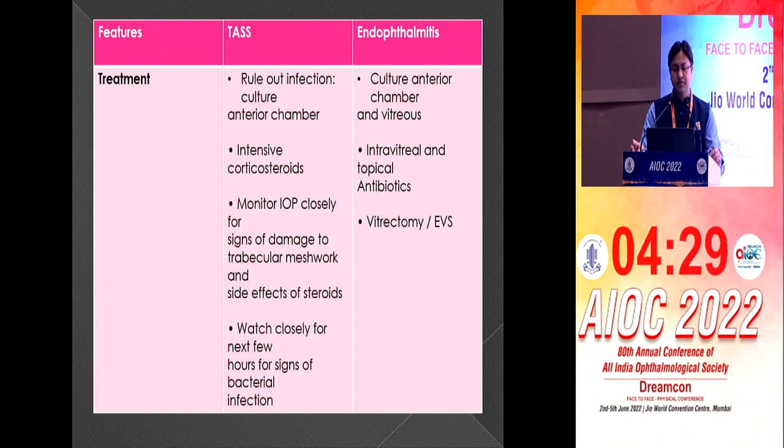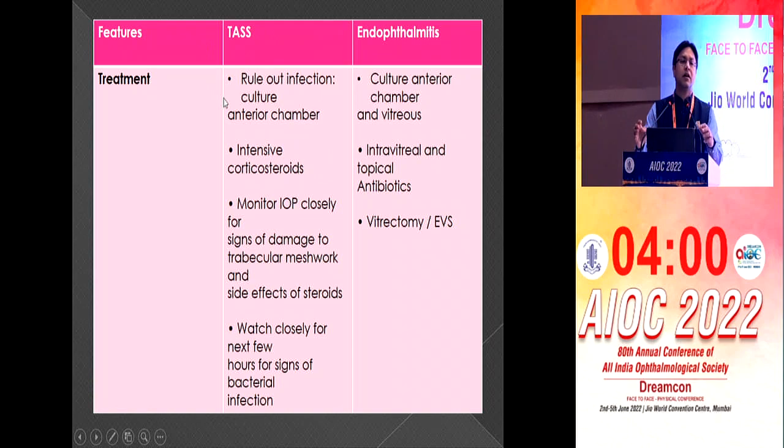Another difference is in management. I am not going into detail, just giving some salient points. Whenever it is endophthalmitis, you have to give extensive and aggressive treatment with intravitreal and topical antibiotics, and you can go through the guidelines of the Endophthalmitis Vitrectomy Study. But in case of TAS, always rule out infection.